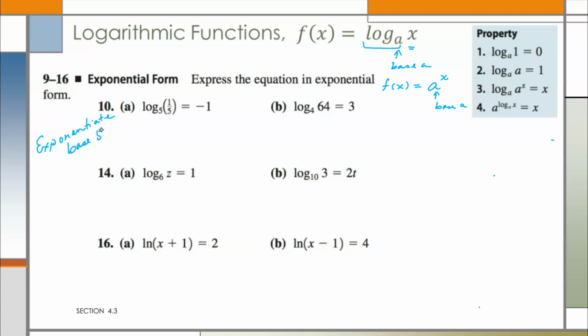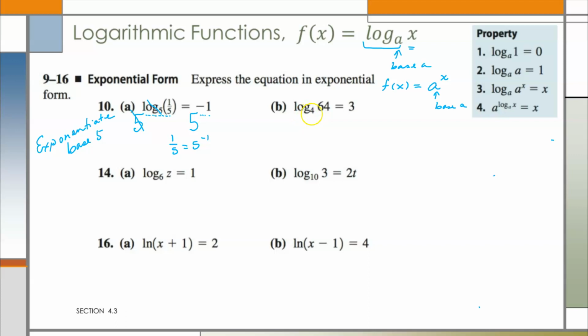Because we have a log base 5, to undo it, I exponentiate base 5. So 5 becomes the base, and this becomes the exponent of 5. Exponentials and logs undo one another, so this becomes 1/5 is equal to 5 to the negative 1.